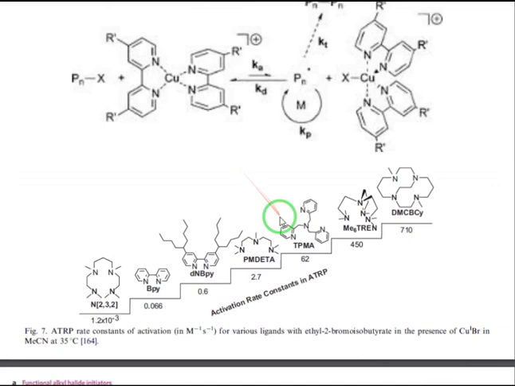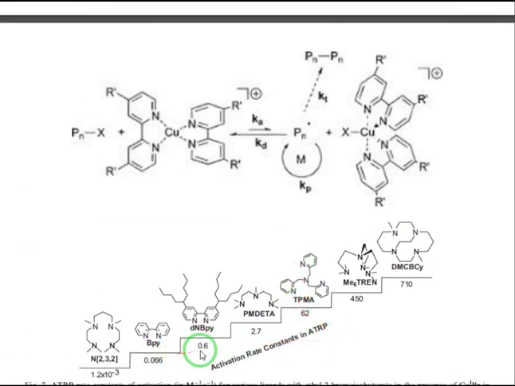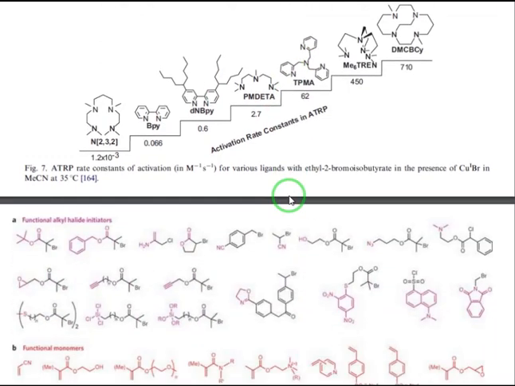Well, and also here you see the different complexing ligands which are available for the ATRP, and I told you that based on the different complexing ligand we will be able to perform the polymerization in different organic solvents.